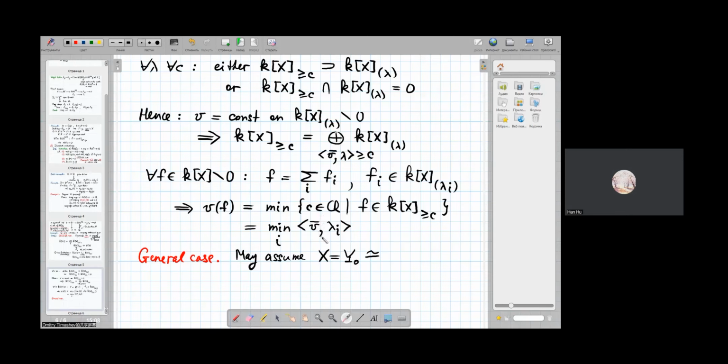So if you choose a minimum C, you can choose arbitrary low because if the value of F is greater than 0, then for C equal to -1, -2, F will always belong to K X greater than -1, -2. So there is no minimum.